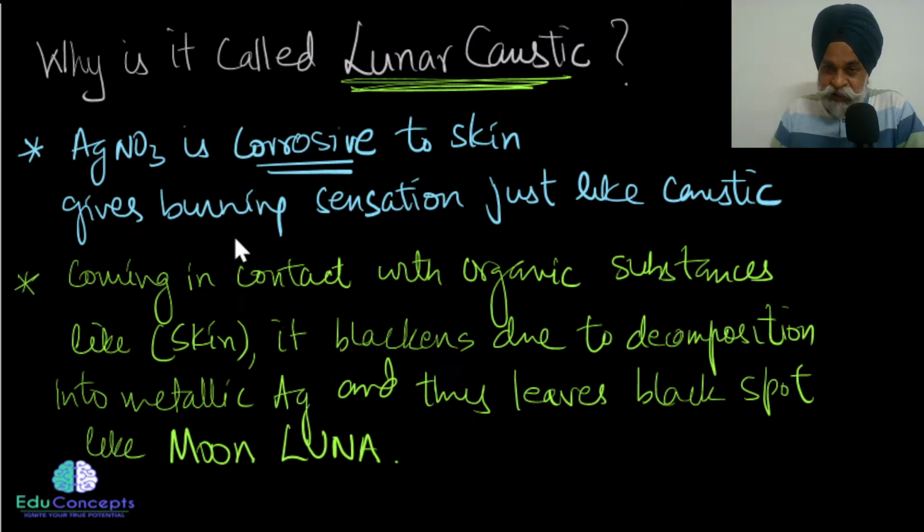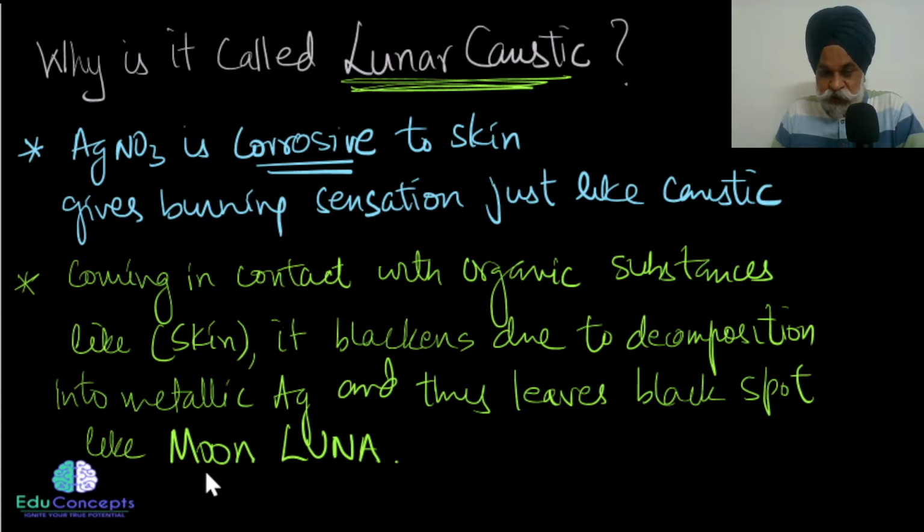And as regards the lunar part, silver nitrate easily creates a black spot when it falls onto the skin, because it has the property of oxidizing organic substances, and thereby itself gets reduced to silver. So it creates a black spot because of the metallic silver.